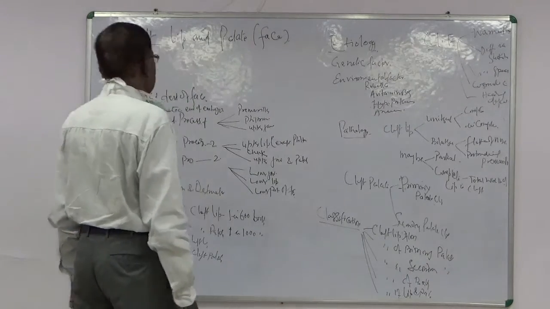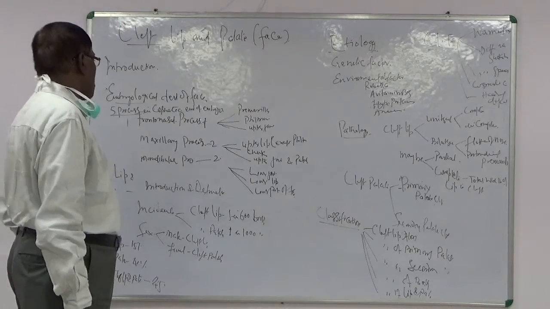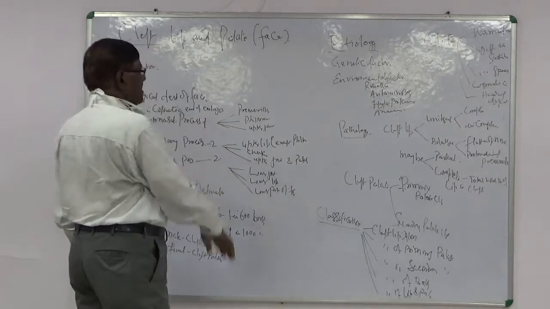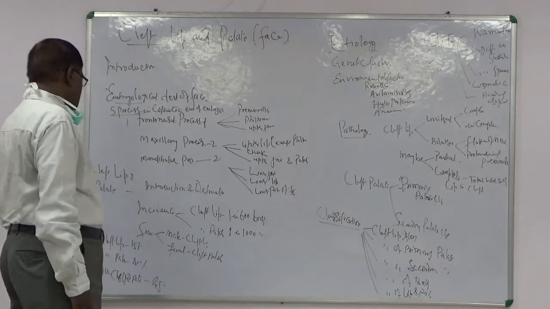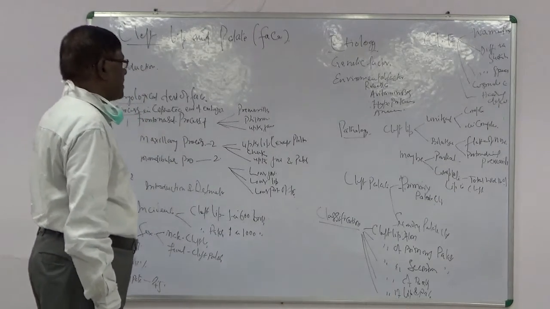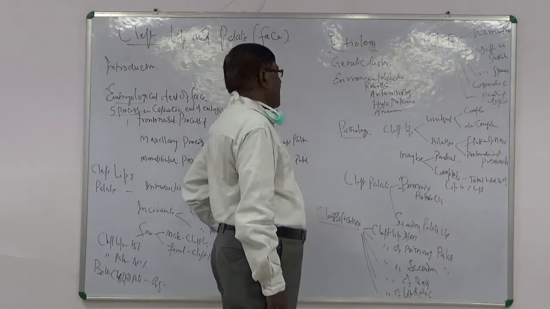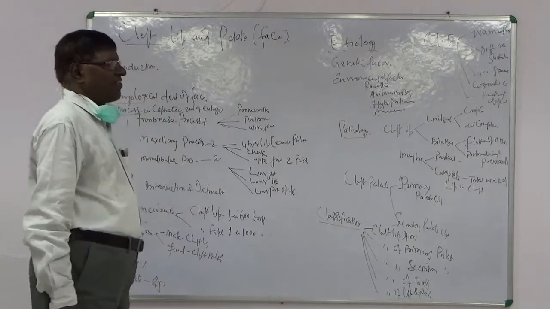What are the etiological factors that lead to the non-union or failure of fusion of this palatine process and form the congenital anomalies of the lip and palate, that is cleft lip and cleft palate? The etiological factors can be divided into two groups. The first is the genetic factor.